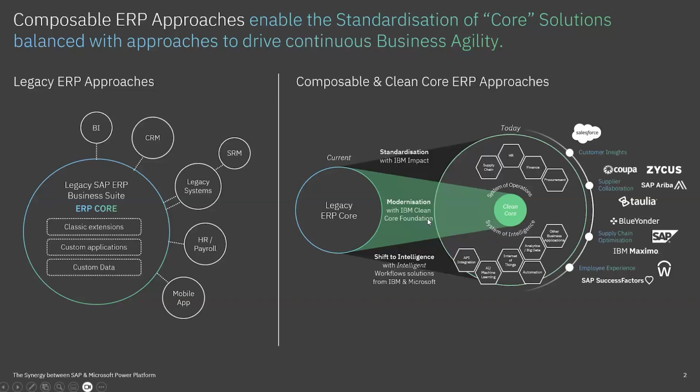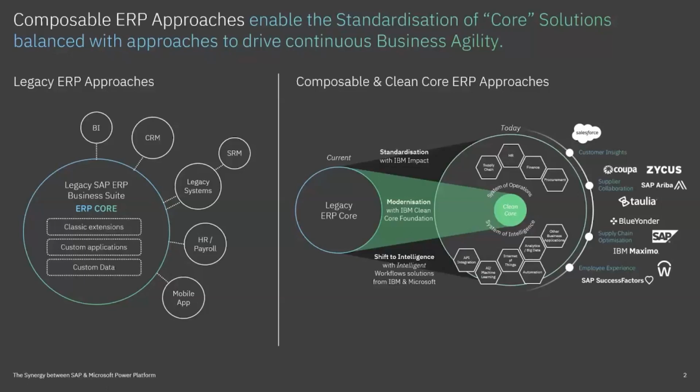And one of the things that we do at IBM is this whole modernization to clean core, from legacy ERP, whatever SAP version you're currently running. It's getting you to that clean core and then understanding the various departments that touch your SAP system and turning it into a system of operations and a system of intelligence.